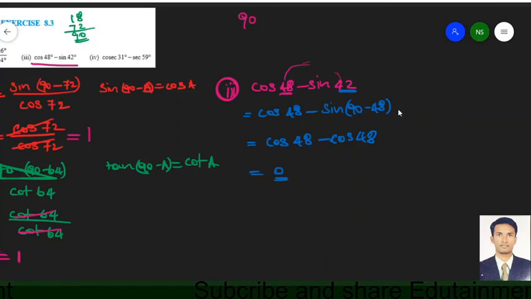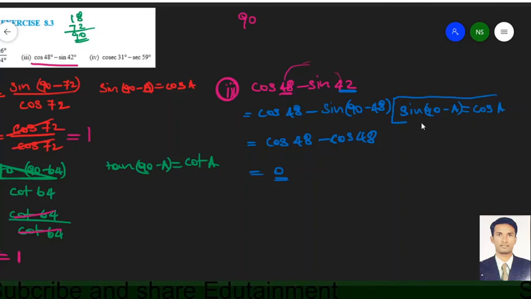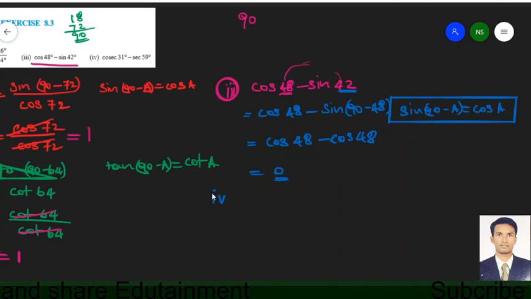Which formula we used here? Sin 90 minus A, which is equals to cos A. This is the formula which we used here. Let us move to question number 4.